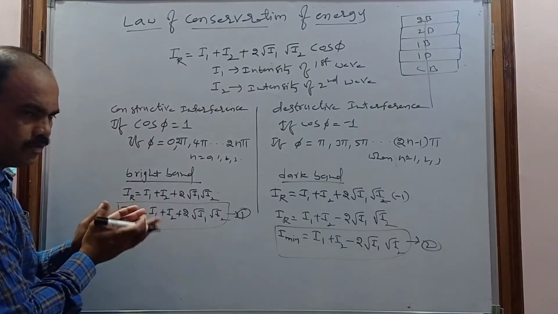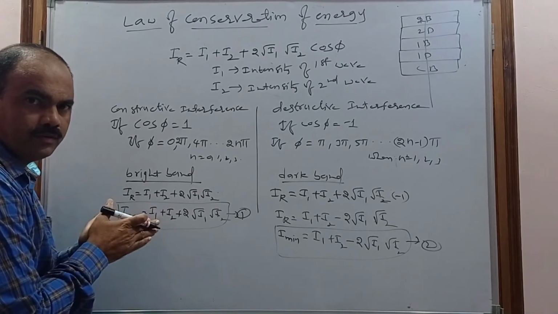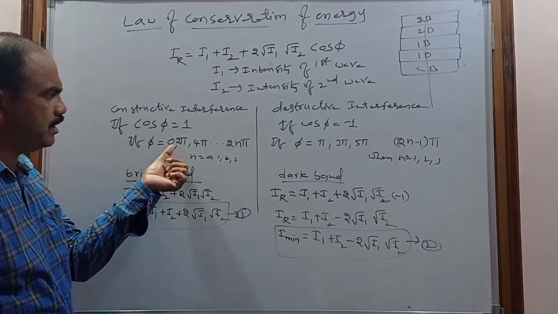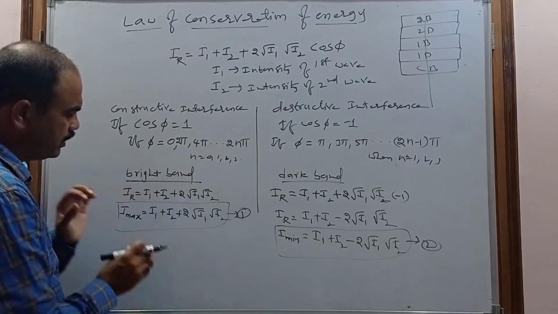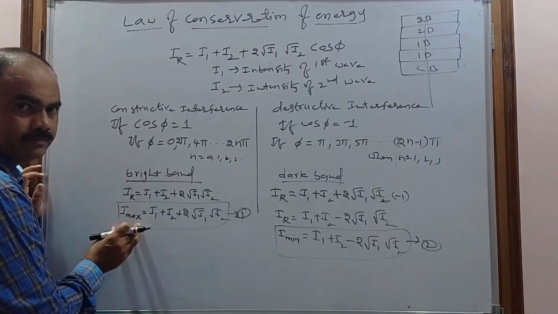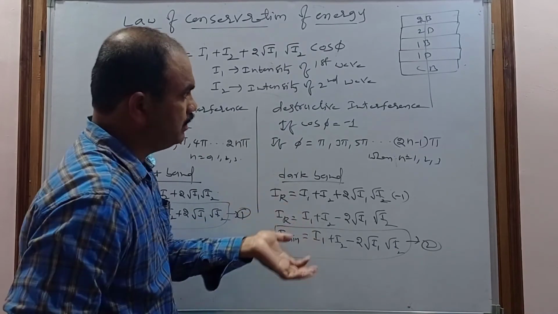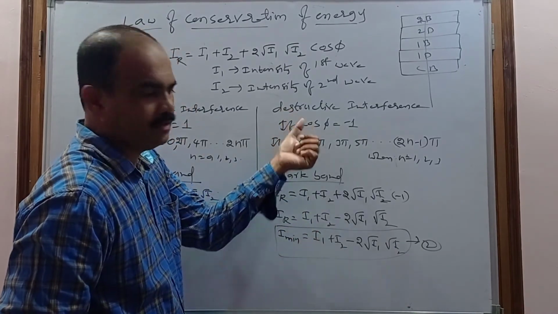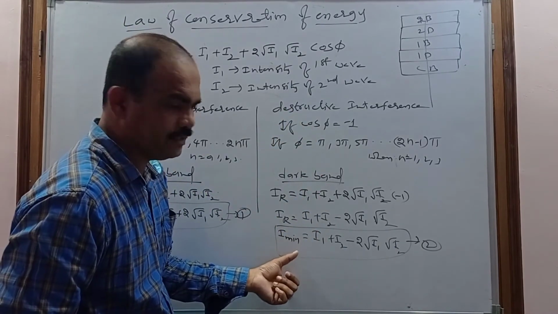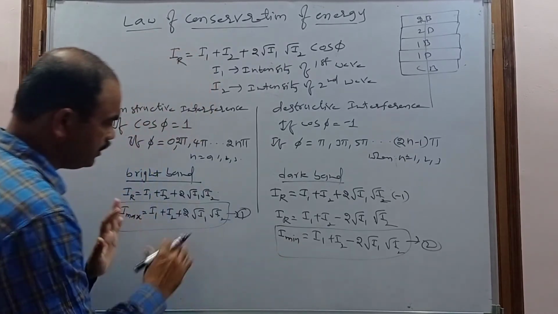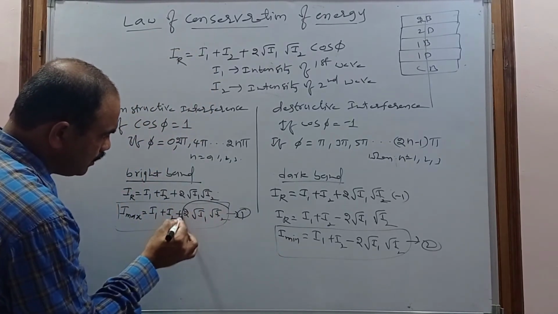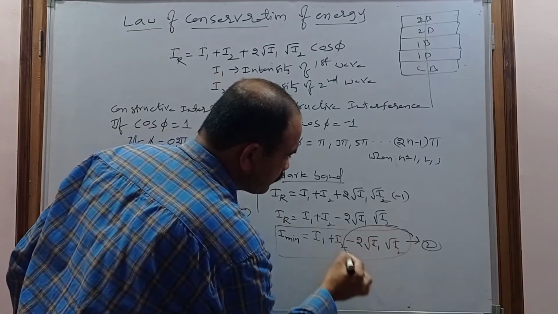When the two waves are superimposed in phase, that is 0, 2π or 4π radians, this is the maximum intensity. And when these two waves are superimposed out of phase, in destructive interference, this is the intensity. When you observe these two equations, these are the two terms that differ.